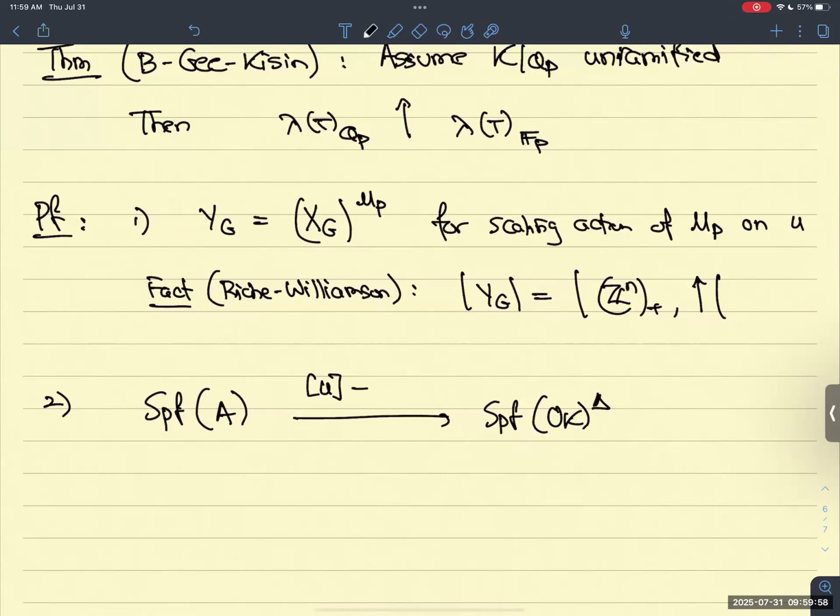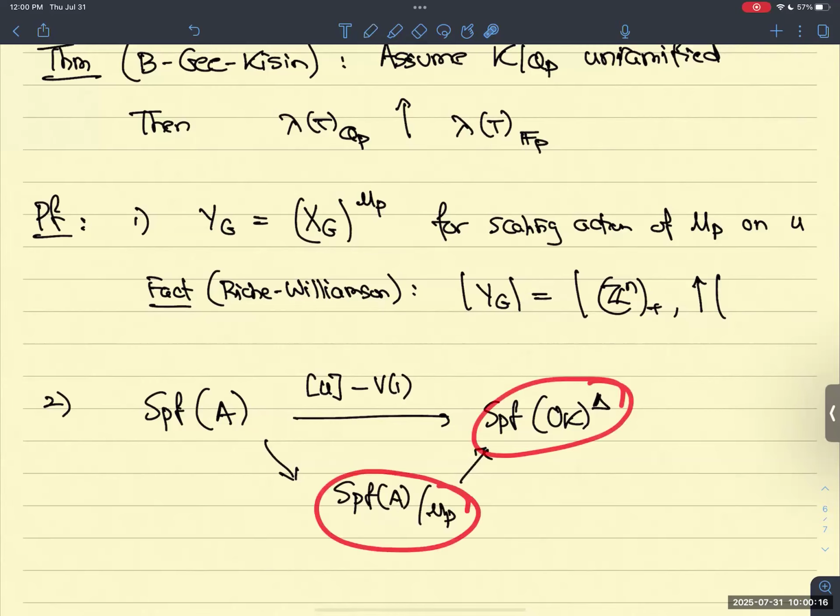So I'm going to replace p with this element v of 1. So it's a perturbation of the Eisenstein polynomial. But the advantage is that this map over here is actually mu p equivariant. So it factors this way. And then you take your prismatic F-crystal over here and you pull it back over here and you get a mu p equivariant F-crystal somewhere, and then you can use that to prove the relationship.